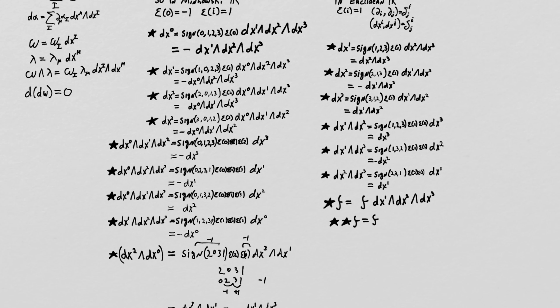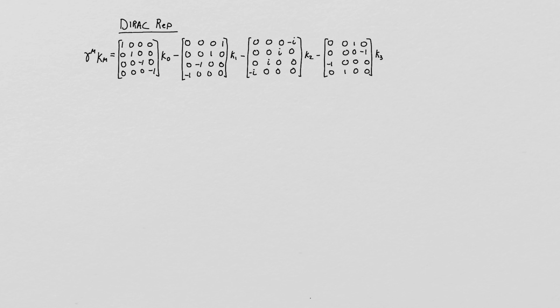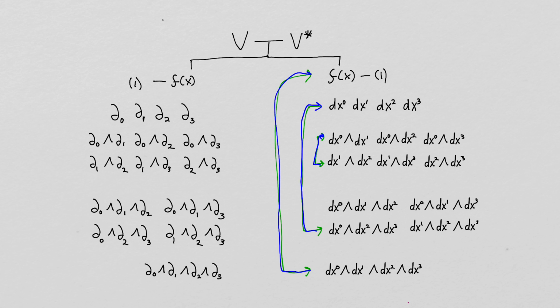Okay, so that is how we find the Hodge dual of all this stuff, how we move between p forms and n minus p forms. You can't just move steadily in one direction using Hodge dual. Hodge dual jumps you from 1 forms to 3 forms, it keeps you inside 2 forms, and it goes from 4 forms to 0 forms.